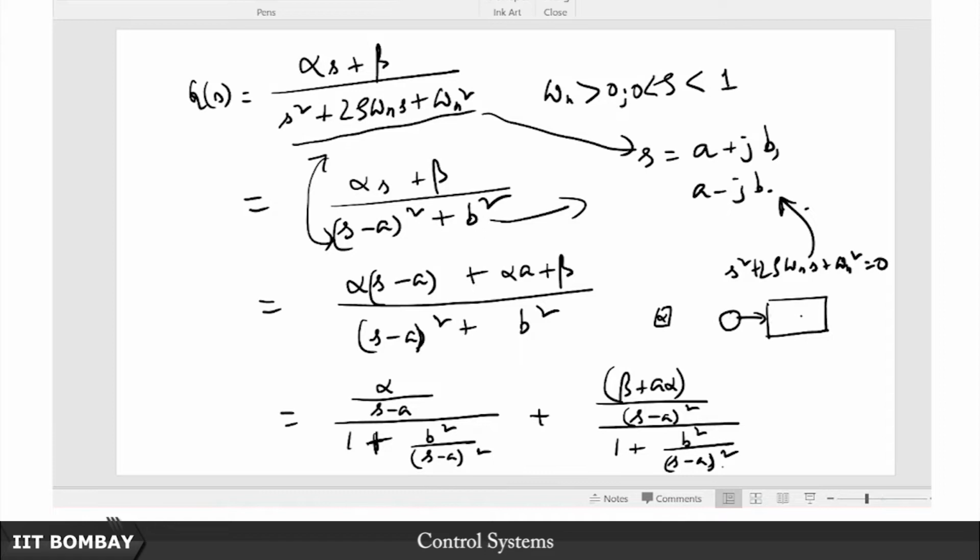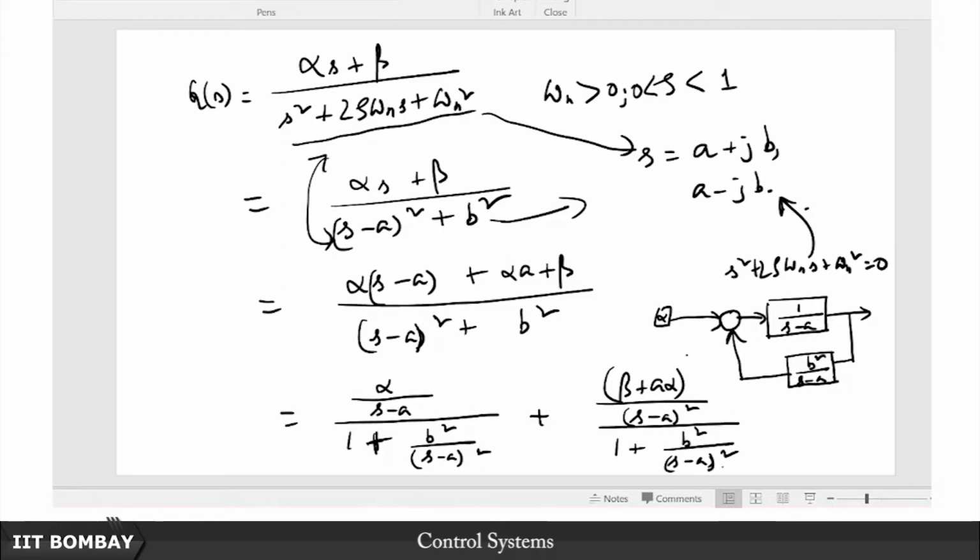In the forward path I have a transfer function 1 by (s minus a), and in the feedback path I have another transfer function, b squared by (s minus a). What does that give me?